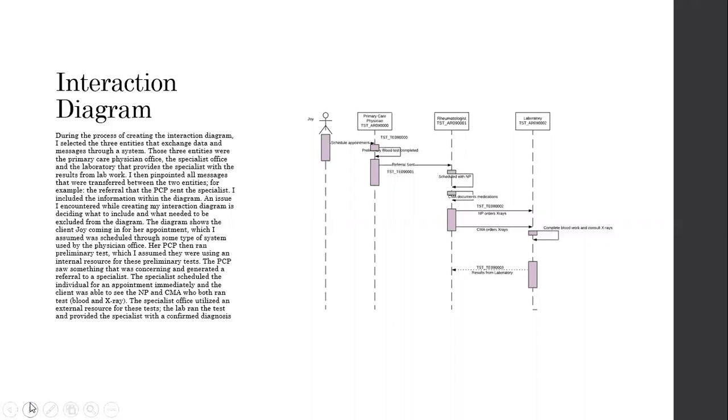The nurse practitioner and the CMA both send x-rays and tests to be sent to the lab, who confirms the diagnosis of arthritis. The lab completed the blood work and consulted the x-rays. The specialist confirmed the diagnosis with Joy.